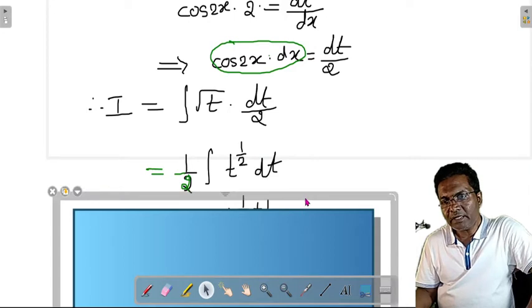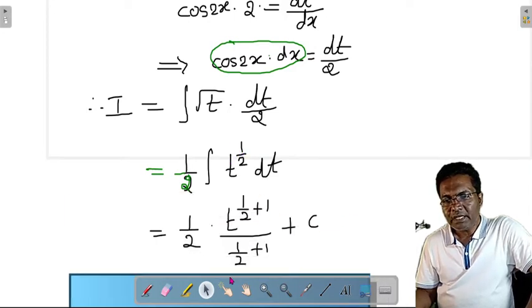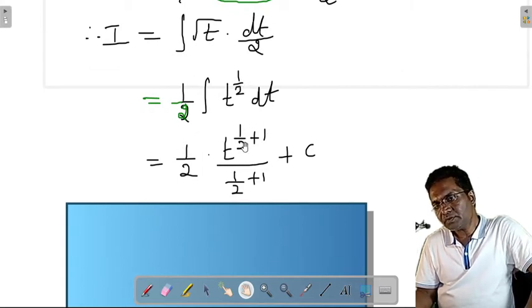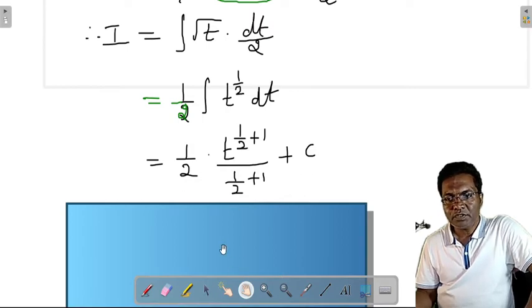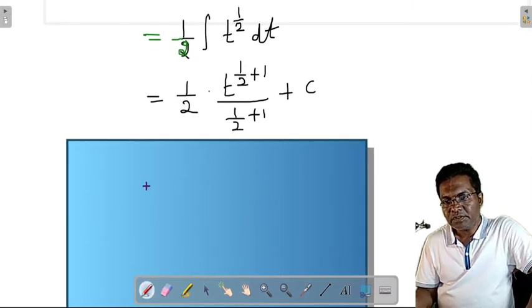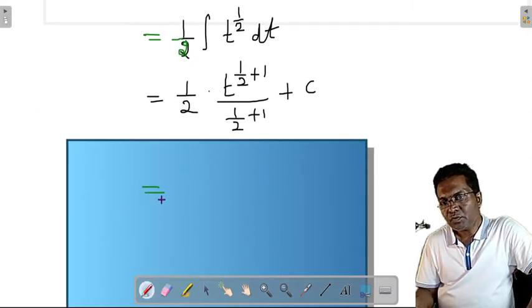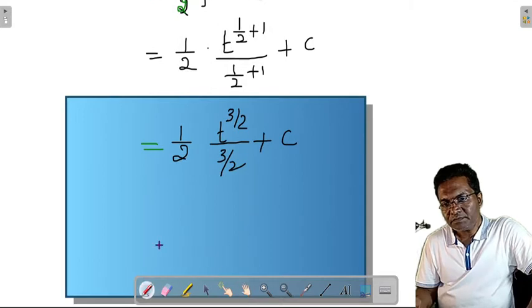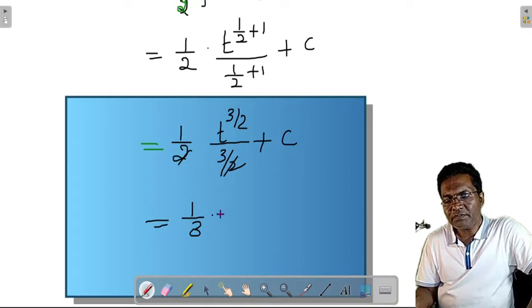As we all know, the integration of t power n is t power n plus 1 by n plus 1. So half plus 1 by half plus 1. Finally you will get t power, 1 plus 1 by 2 is 3 by 2, divided by 3 by 2, plus c. You may cancel this 2. So 1 by 3 into your t, which you have taken as sin 2x.